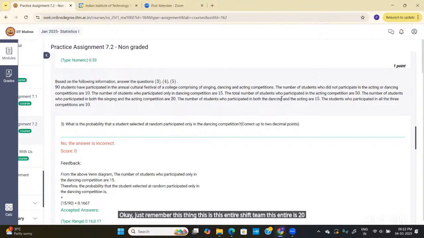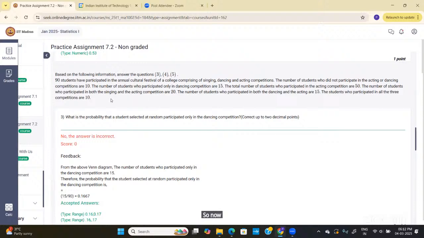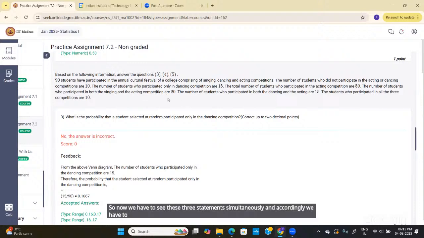And the students who participated in all three competitions are 10. Now we have to see these three statements simultaneously, and accordingly fill the number of students in the corresponding regions.